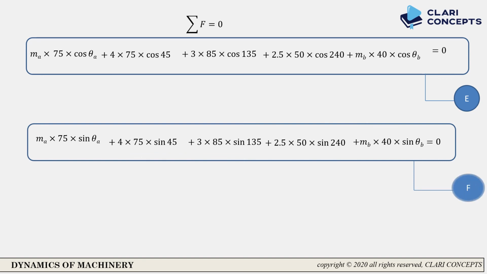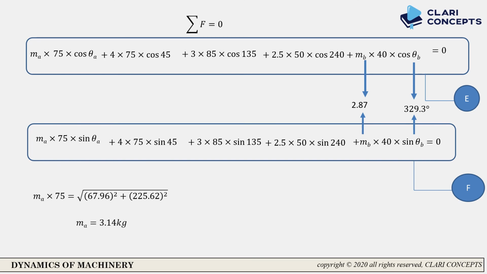Now from the previous step, when you solved the summation of couple equal to 0, you found the mb value, which is 2.87, and the theta b value, which is 329.3 degrees. So from equations E and F you can analyze that you don't know the values of MA and theta A. So write up this equation and find MA into 75 is equal to the square root of 67.96 squared plus 225.62 squared, and you will find the value of mass A, which is 3.14 kg.